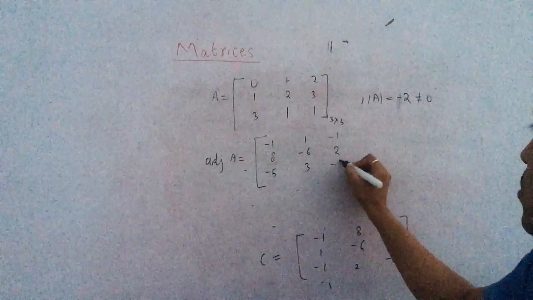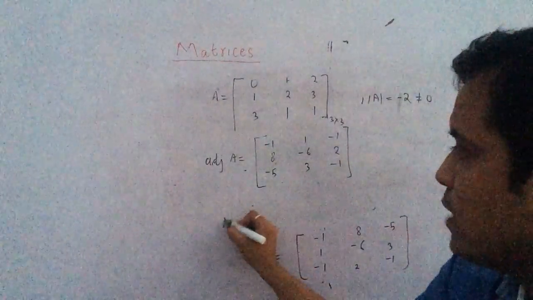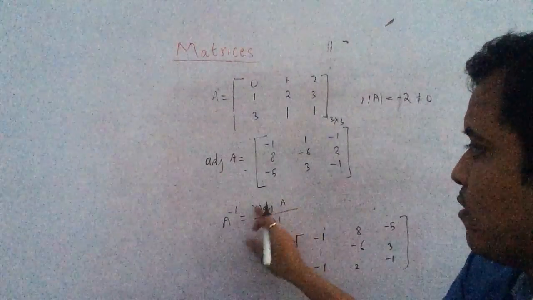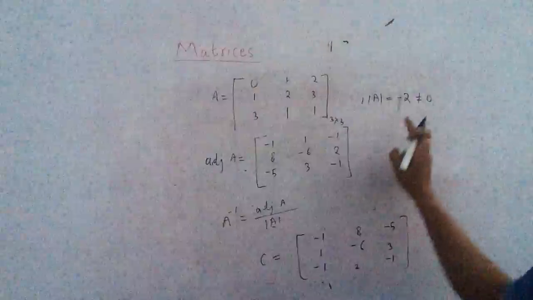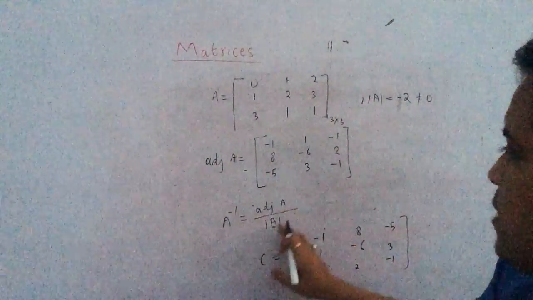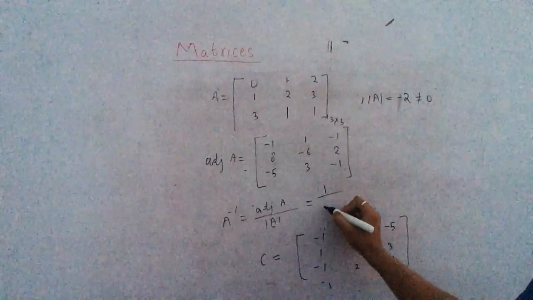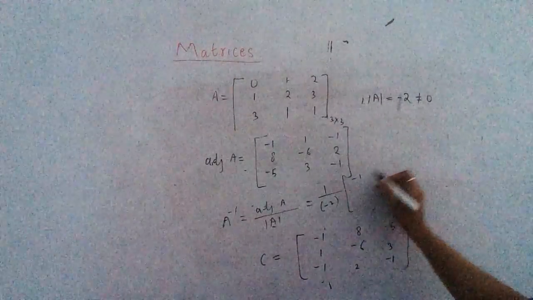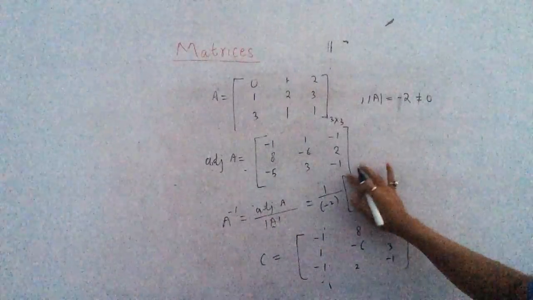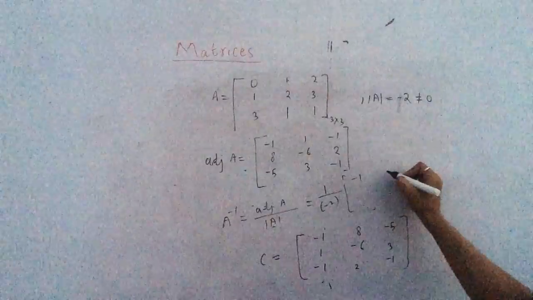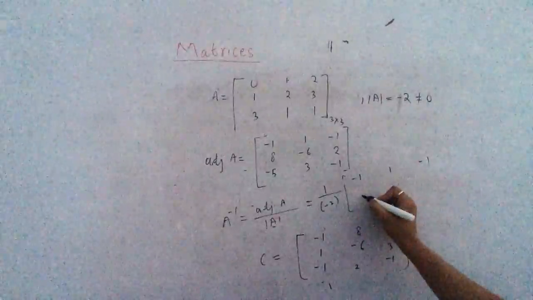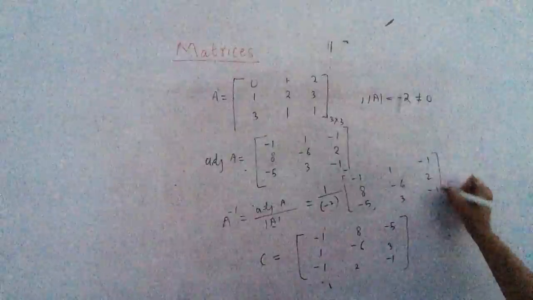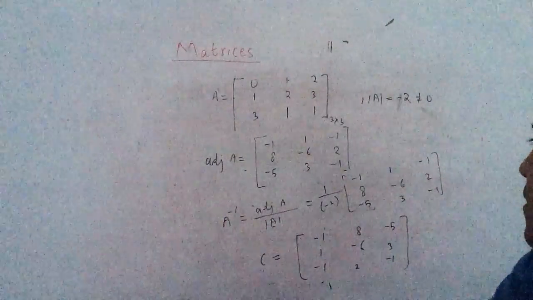You know that A inverse is the adjoint of A upon the determinant of A. Here the determinant of A is minus 2. So A inverse is 1 upon minus 2 times the adjoint matrix, and you can shift the minus inside and you will get the value.